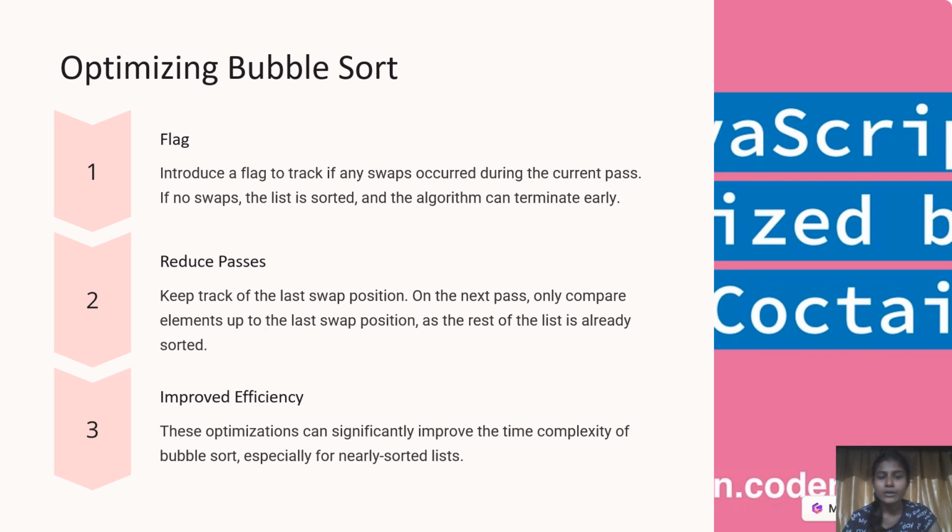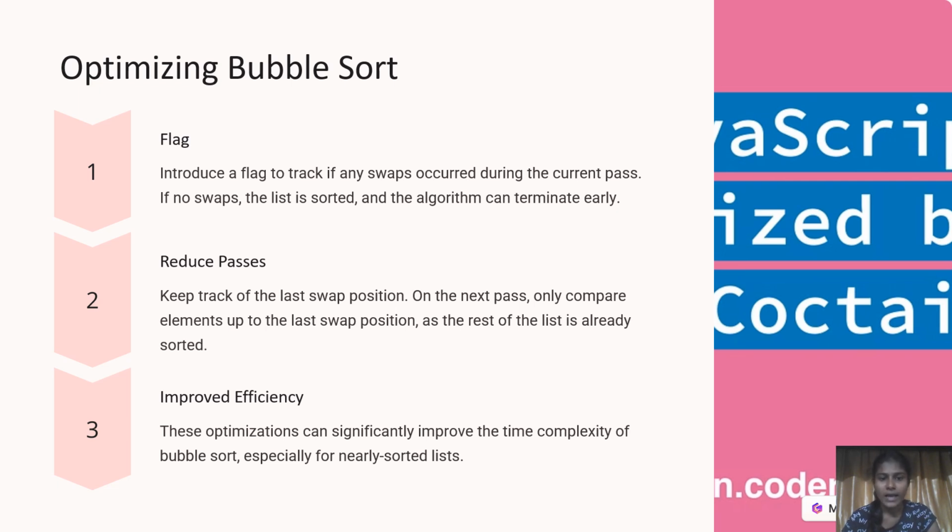Flag is introduced to track if any swaps occur during the current pass. If there are no swaps, the list is sorted and the algorithm can terminate early.